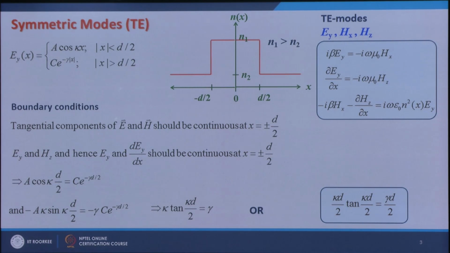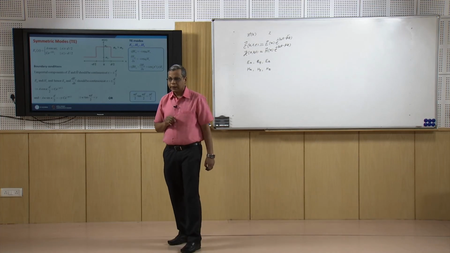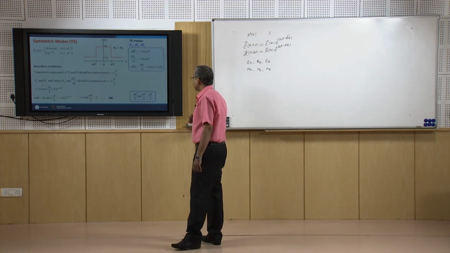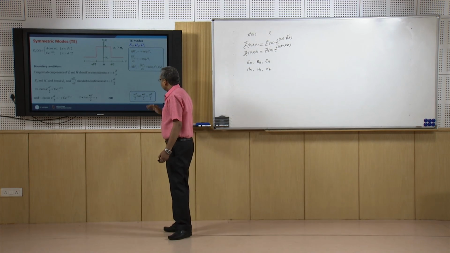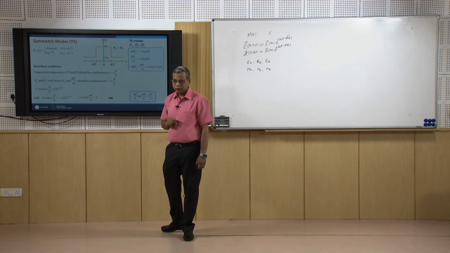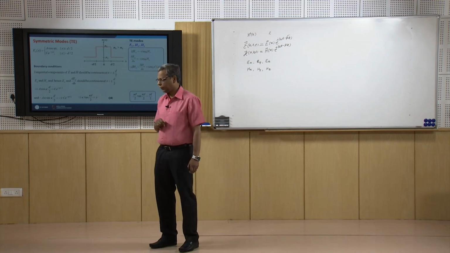kappa d by 2 tan kappa d by 2 is equal to gamma d by 2. Now our task is to solve this equation. Let us see how we can solve this equation and get physical insight into the modes of a waveguide.